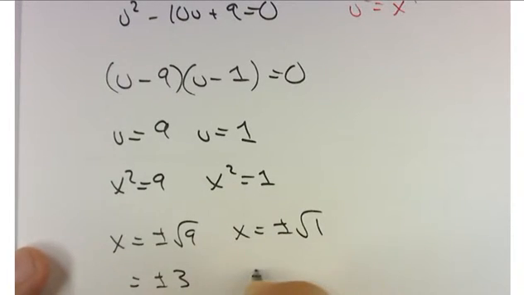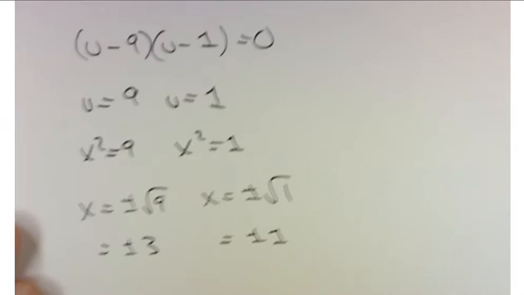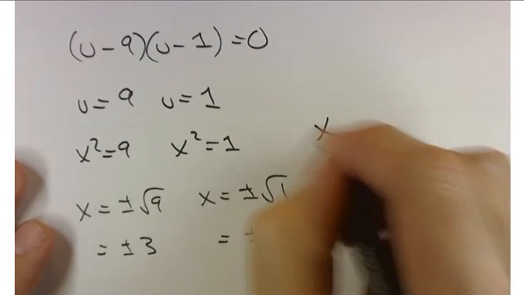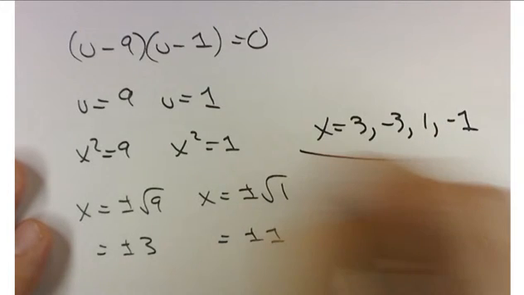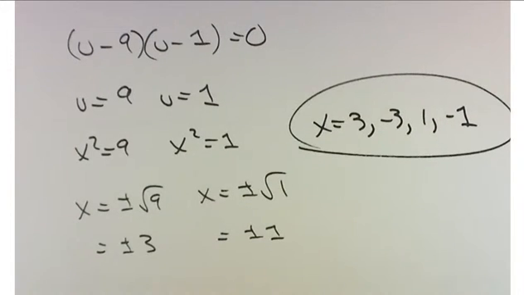And I get a total of 4 solutions. Those 4 solutions are x equals 3, negative 3, 1, and negative 1. Okay, nice.